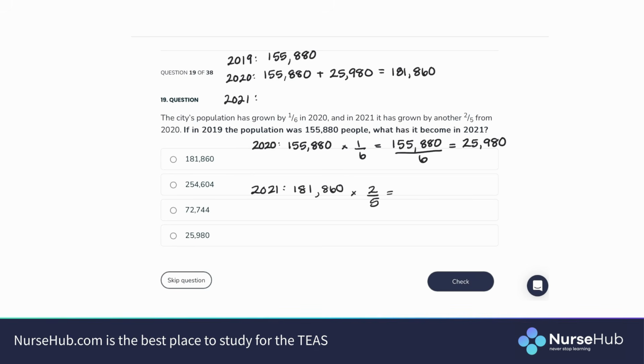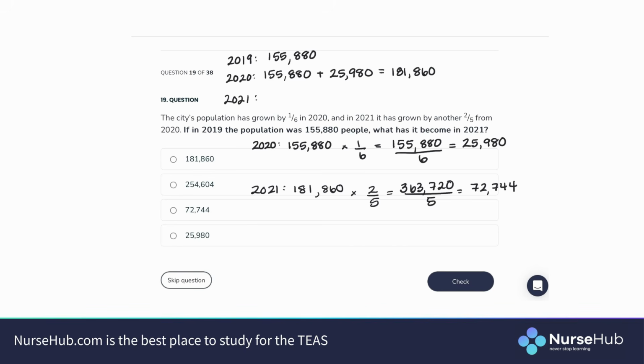This is going to let us know the exact same thing as in 2020, how many more people there were between 2020 and 2021. So when we do this, we end up with 363,720 divided by 5, which is equal to 72,744.